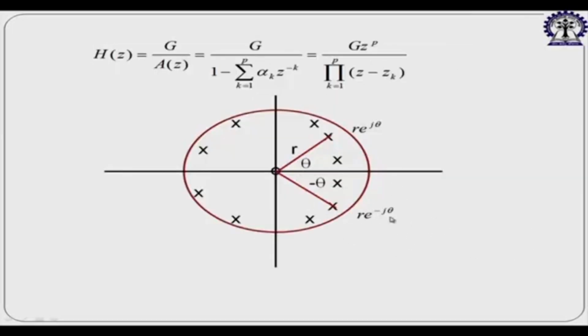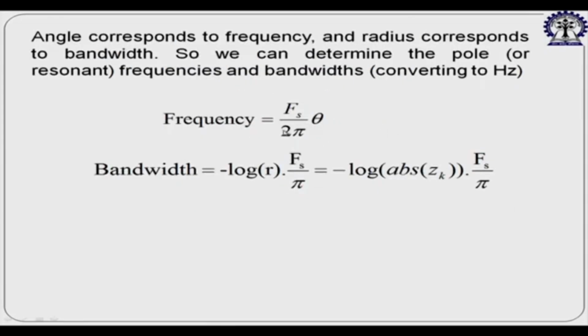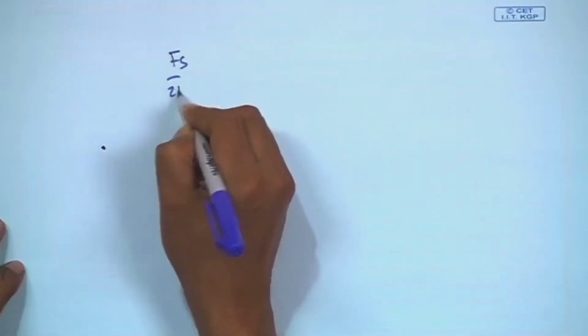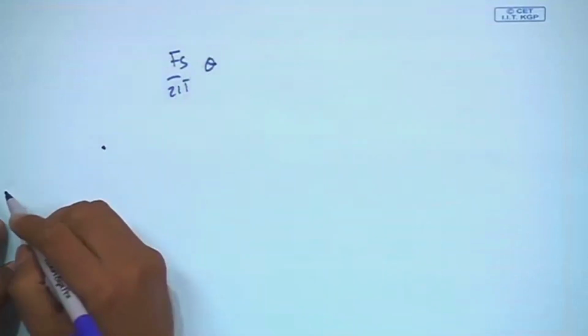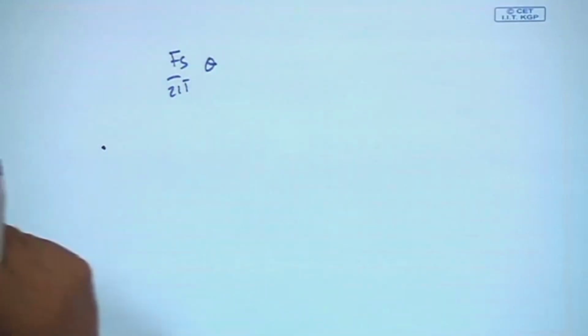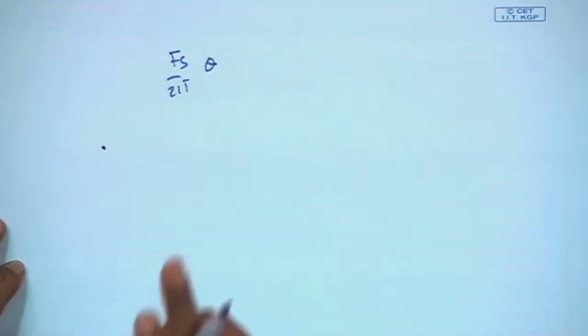Now, I will discuss this later, and I also discussed it during the tube analysis: the formant position is r e to the power j theta. So, the frequency of the formant is given by Fs by 2 pi into theta. Every complex conjugate pole indicates one formant.